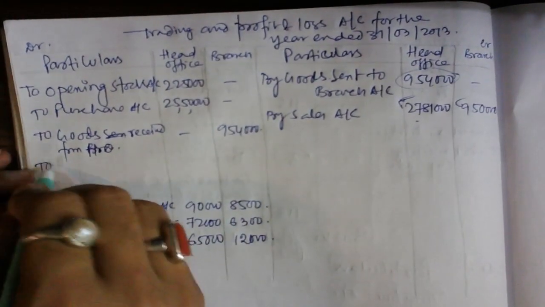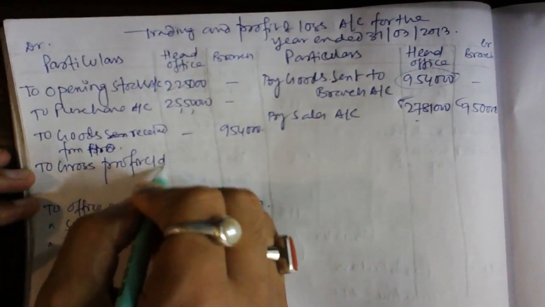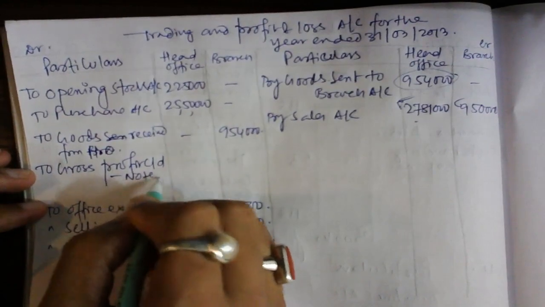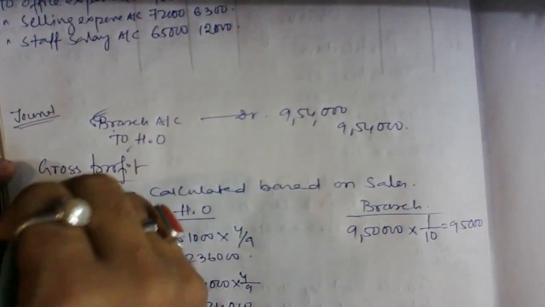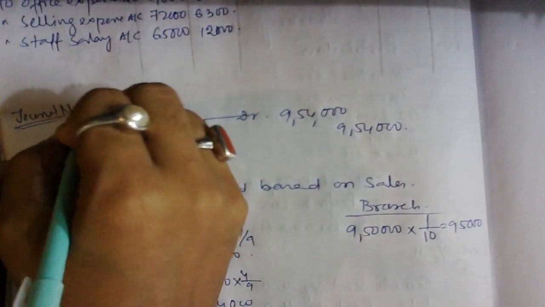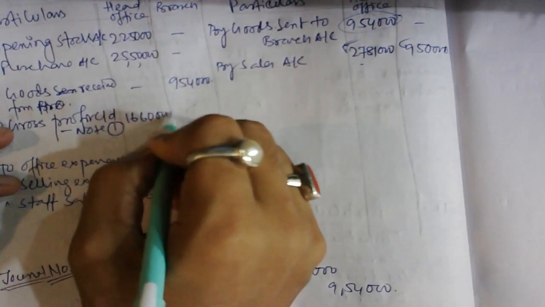Now as I get the GP, so here I am plotting gross profit C by D and giving a note 1. Okay, this is my note 1. Okay, done, we gave it here, how much will it be, 16,60,000 and 95,000.